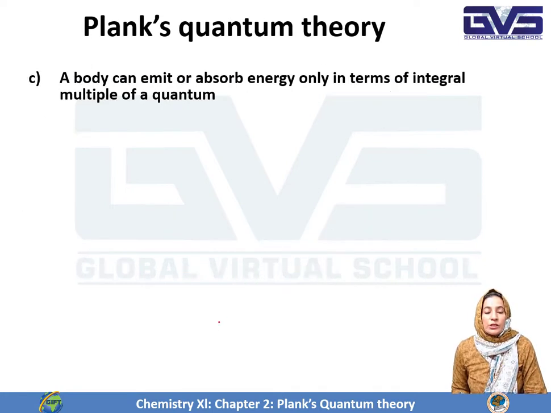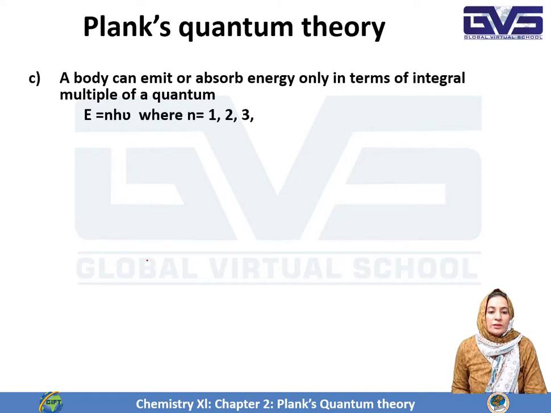The next postulate is that a body can emit or absorb energy only in terms of integral multiples of a quantum. Let's suppose we have this quantum E equals h nu, but it is not always a single quantum. It can be a double quantum, double quanta, triple or tetra or more than this.